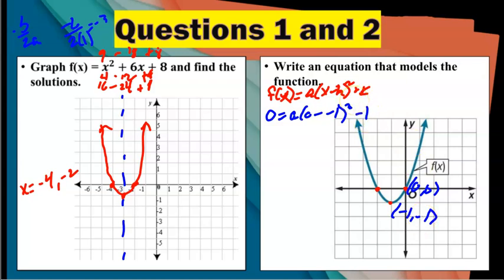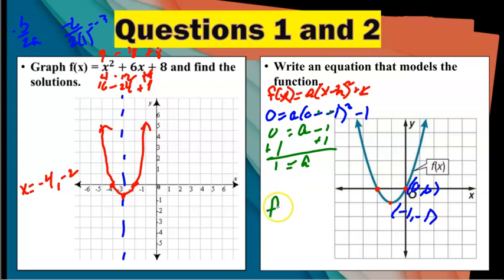So to simplify this, 0 minus a negative 1 really means 0 plus 1, which is 1. 1 squared is 1, times a is a, and then I have a minus 1 on the outside, equals 0. To get a by itself, I'm going to add 1 to both sides, and my a is going to equal a positive 1. So I have everything I need to write my equation.